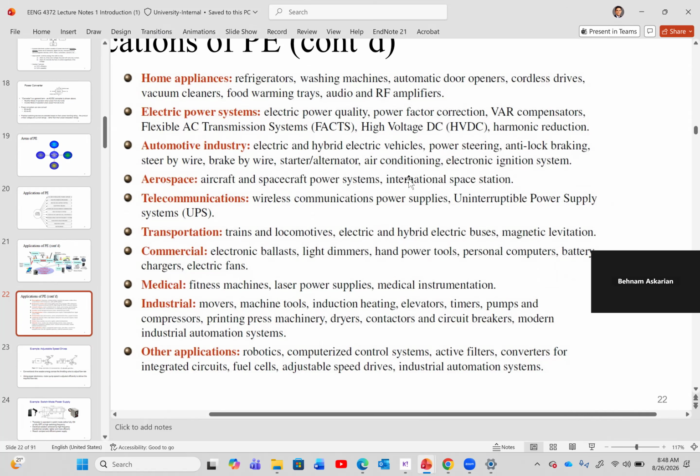Now, another one is aerospace: aircraft and spacecraft power systems, the International Space Station. A few decades ago, everything was hydraulically connected. Now we have fly-by-wire systems, so everything is connected by wire from the cockpit, with multiple wires for redundancy, and then it's connected to an actuator or a pump at the end that controls the flaps and so on.